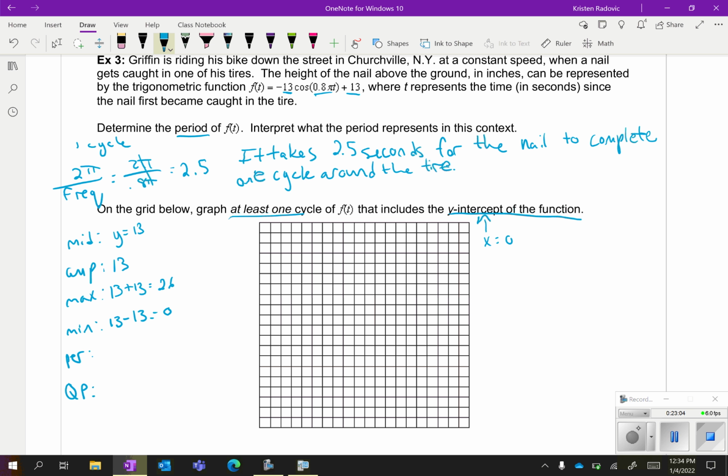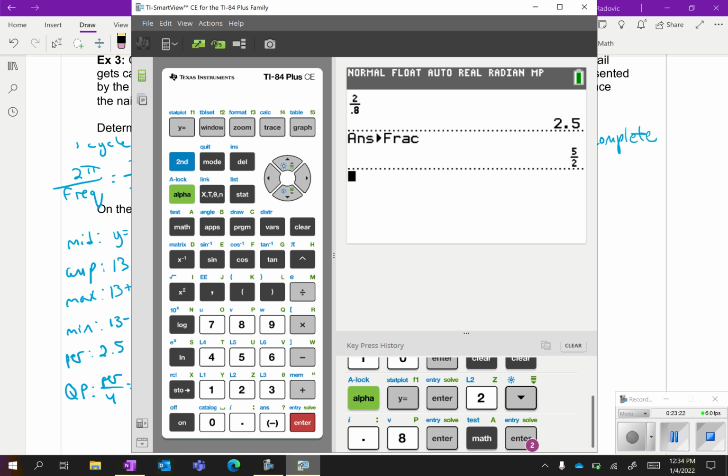Anyway, we found out in the first half that our period is 2.5. So your quarter points are going to be your period divided by 4, which is 2.5 divided by 4, which is a number I don't care to do in my head.